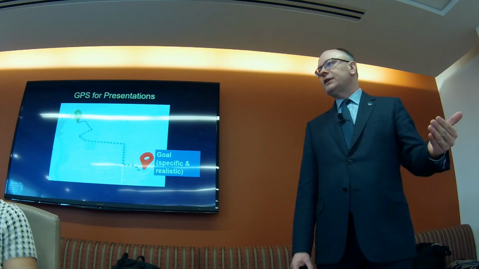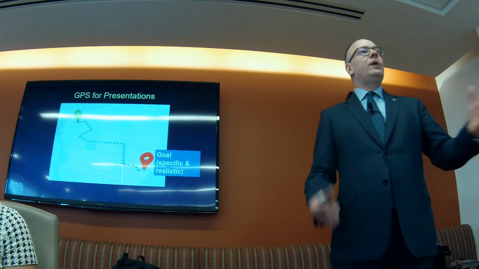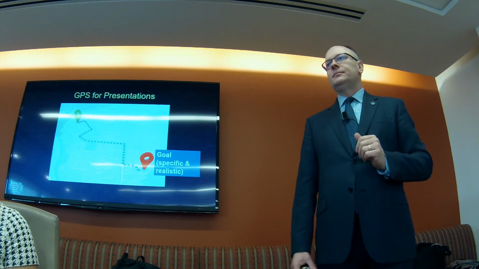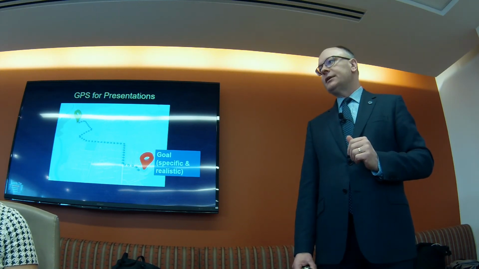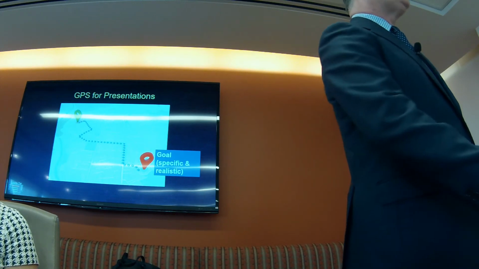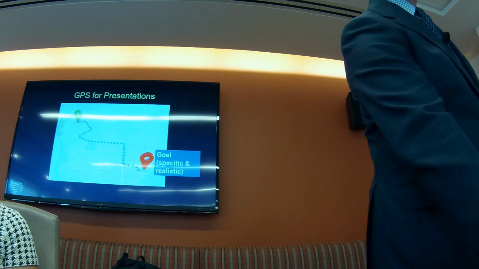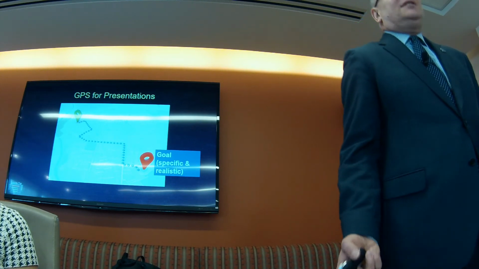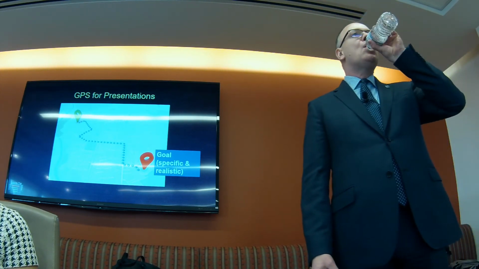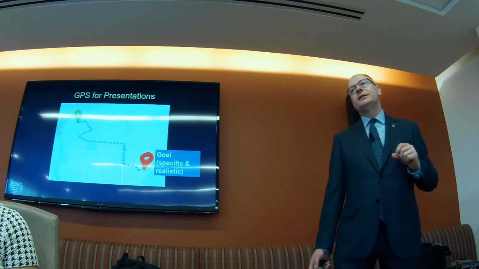You can't achieve it. Sometimes we want to achieve way more than the time we have allows. Again, not realistic. And again, it's similar to a GPS. If you put in an address that does not actually exist, it won't get you there because it knows it's not a real address. So the first thing in our presentation is to determine what our goal is.